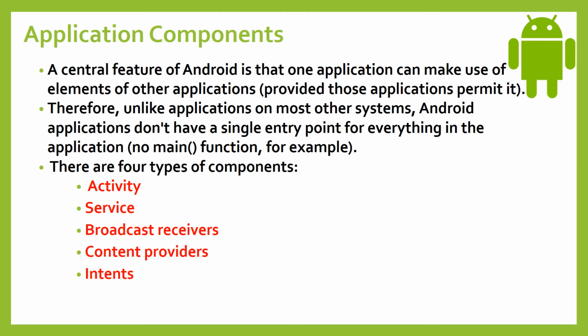So let's see what these 4 important components are: activity, service, broadcast receivers, content providers. And in addition, we are going to see a group of these components which we will call intents. And intents are very, very important ones to understand before we start developing our own apps.